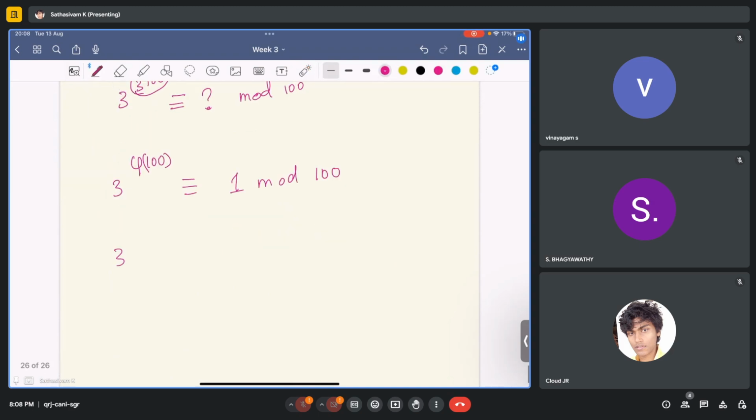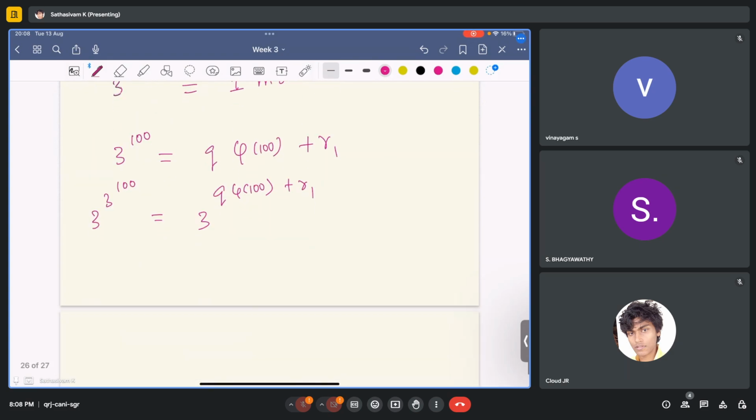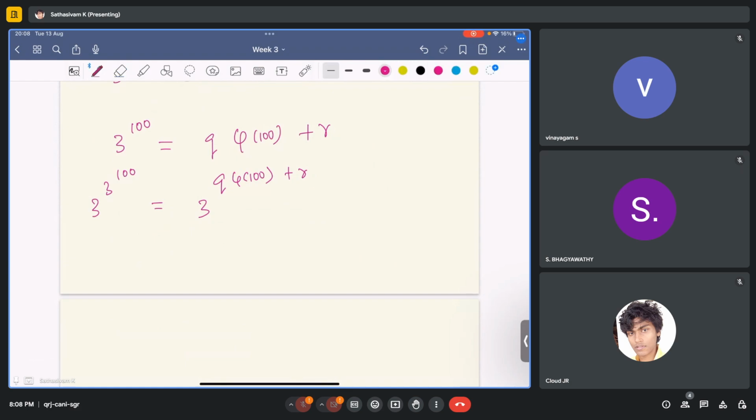So if you write 3 power 100 is equal to some quotient times phi of 100 plus some remainder R, then 3 power 100 is 3 power quotient times phi of 100 plus R. So this is 3 power quotient times phi of 100, times 3 power R, right?